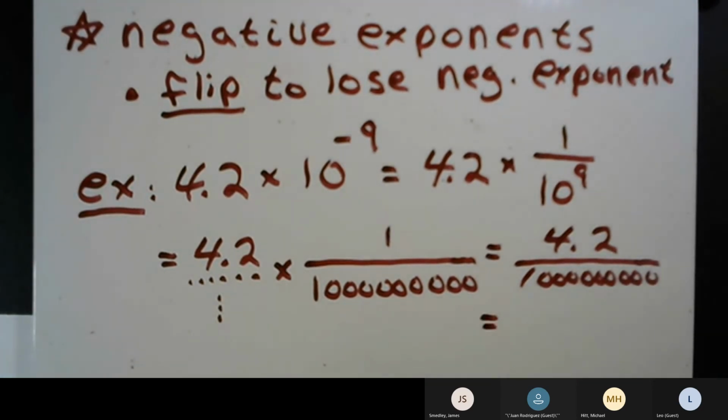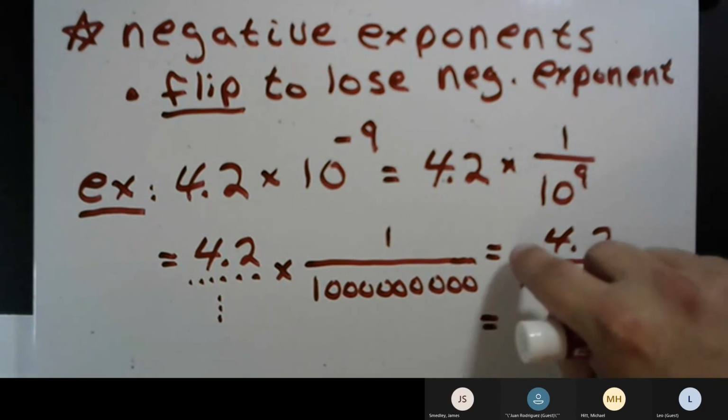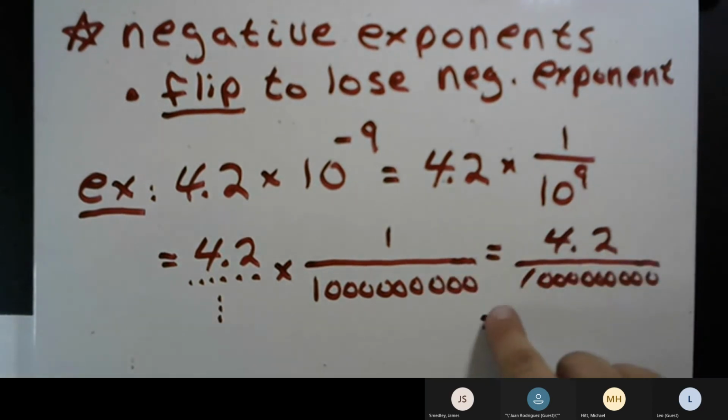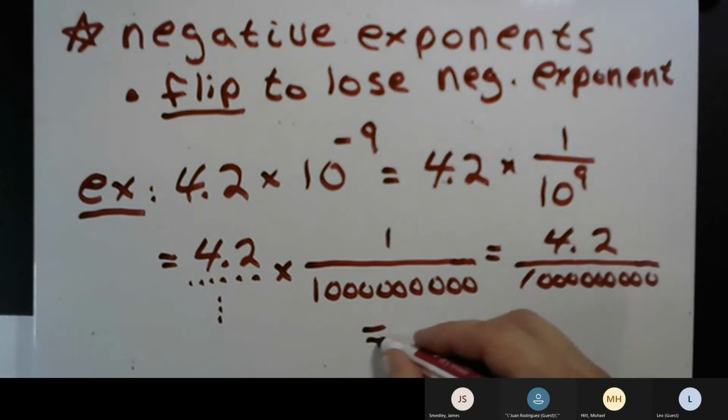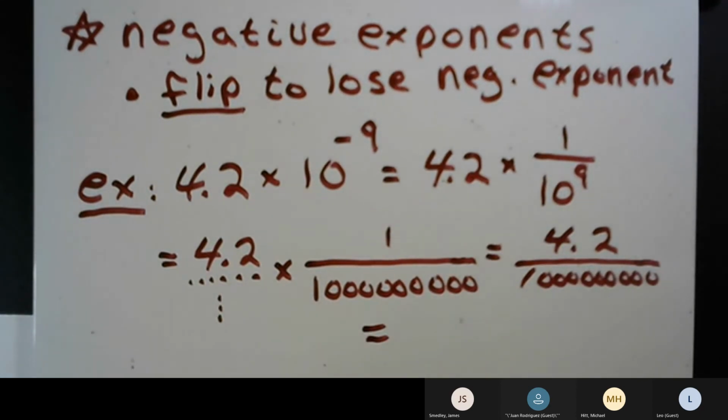And then you could punch that into your calculator, or when you divide by a number that's a 1 with a bunch of zeros, it just says move your decimal point to the left by the number of zeros. But here, I'll just crank it through the calculator real quick here.